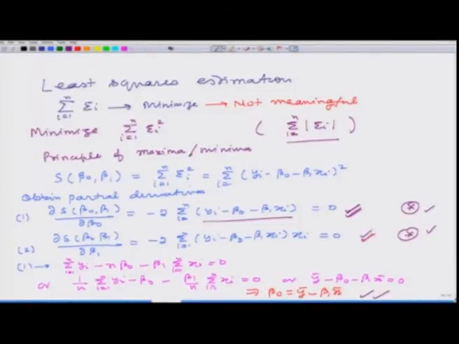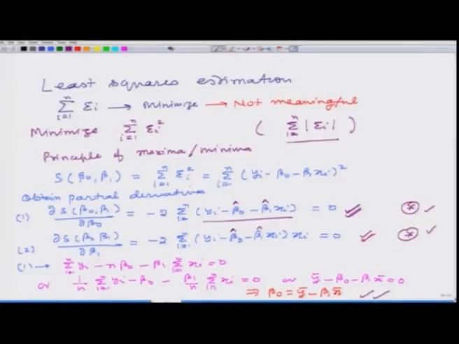So, I can also write that the summation of yi minus beta 0 hat minus beta 1 hat xi is equal to 0, and similarly the summation of yi minus beta 0 hat minus beta 1 hat xi, times xi, is equal to 0. These are your two normal equations, obtained at the time of obtaining the least squares estimate.